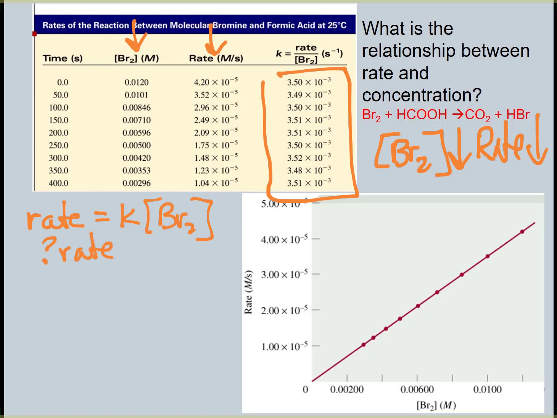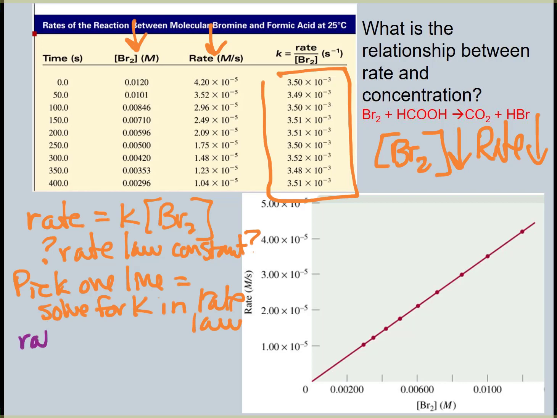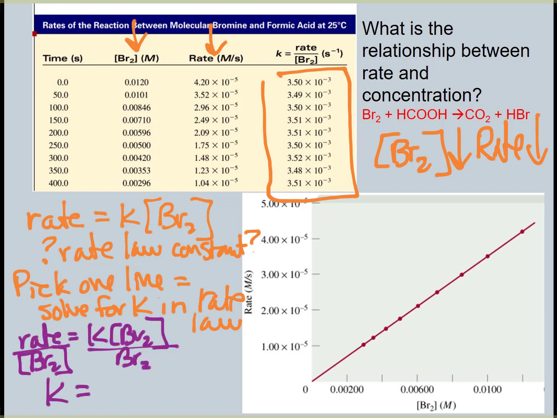Let's say it's not given to you. What you would do is pick one line and solve for K in your rate law. If I rearrange my rate law, K is equal to my rate divided by the concentration of Br2. And then I just pick a line.